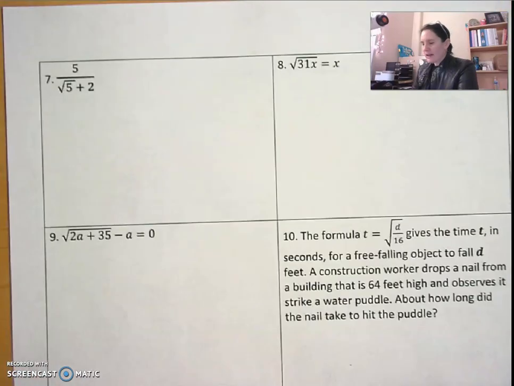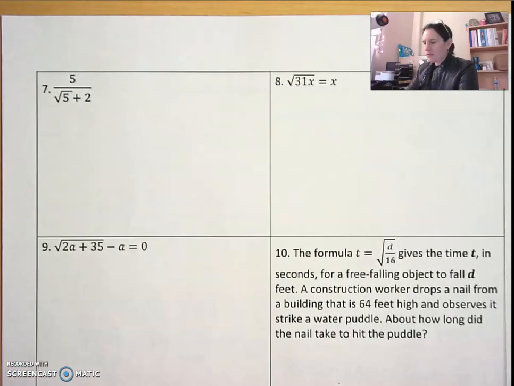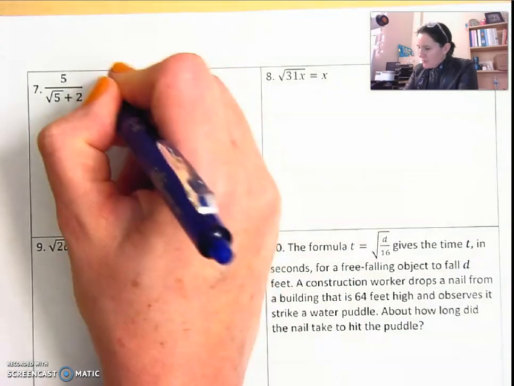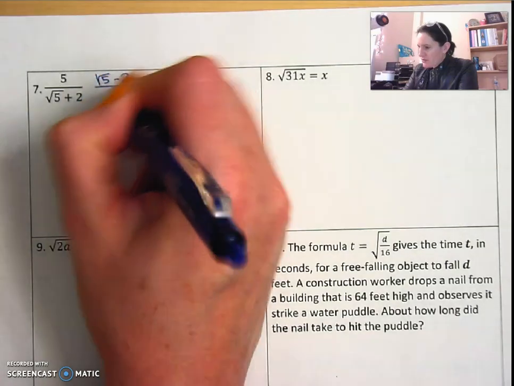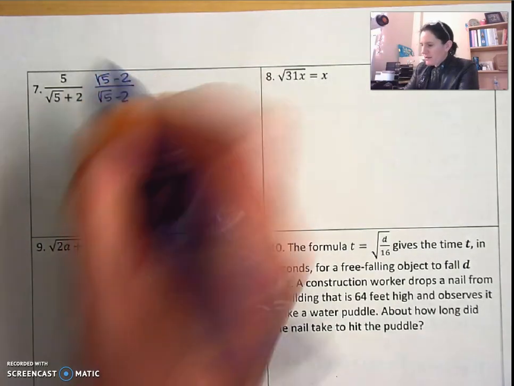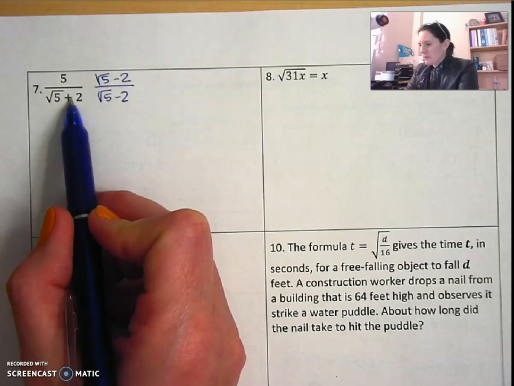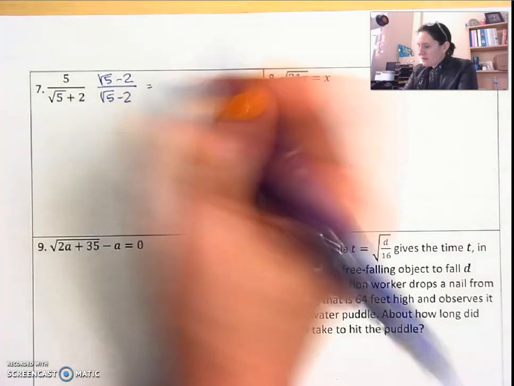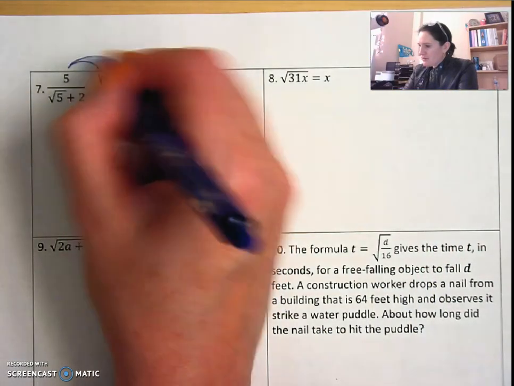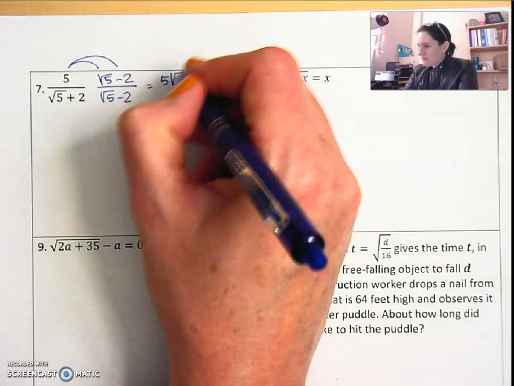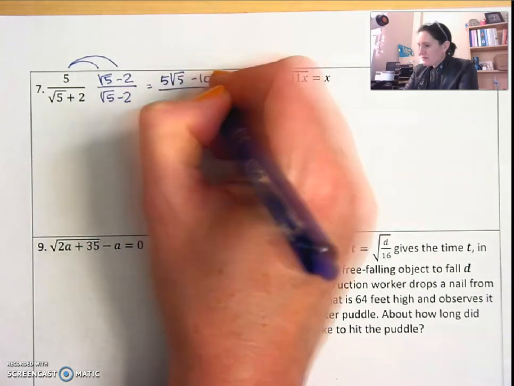And then on the back, we have another conjugate problem here. Multiply by square root of 5 minus 2 top and bottom, because I'm doing the conjugate of the denominator, which means keep the terms the same but change to the opposite sign. So this is a distributive here, 5 rad 5 minus 10.